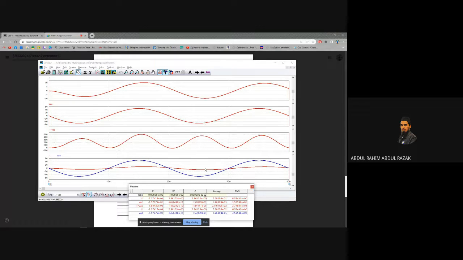The figure, the average reading, the RMS reading, the highest peak of your current, voltage, and power.